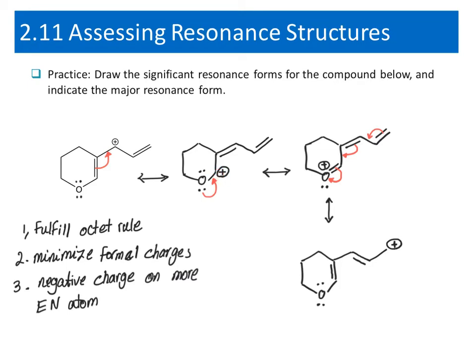So that cannot be a good structure. This one, I can check and all of the atoms are following the octet rule. That's fine. And the last one, I also have the carbocation. So I don't even need to use the second and third rule. By the first rule, I can identify that this is my major contributor.